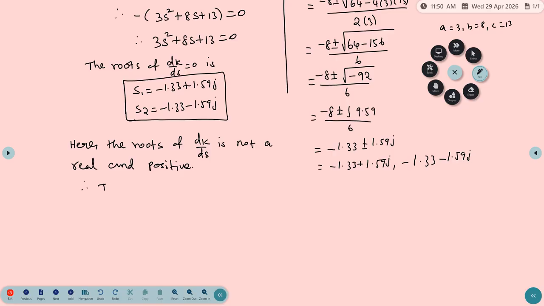Therefore, there are no breakaway and breaking points. So this is the conclusion of step number 4.